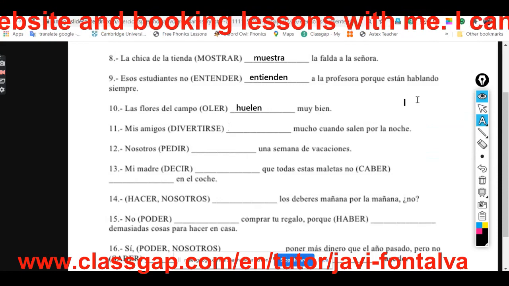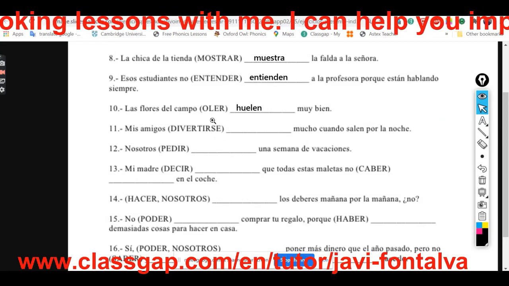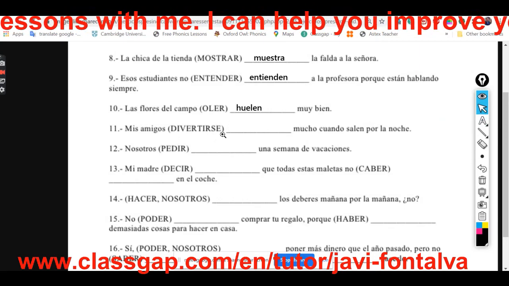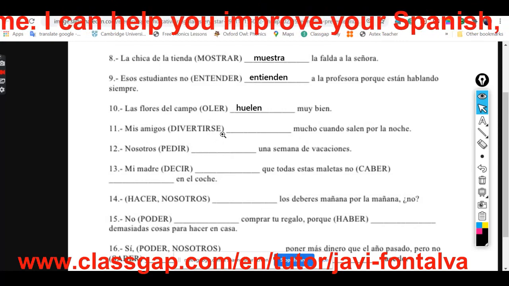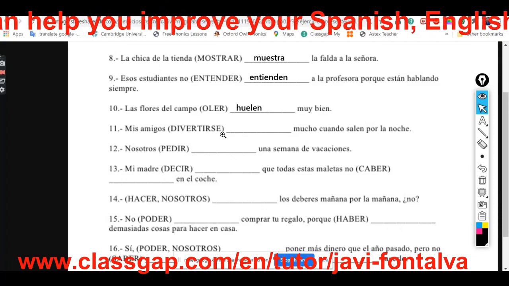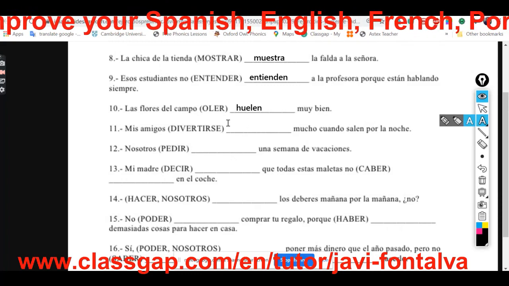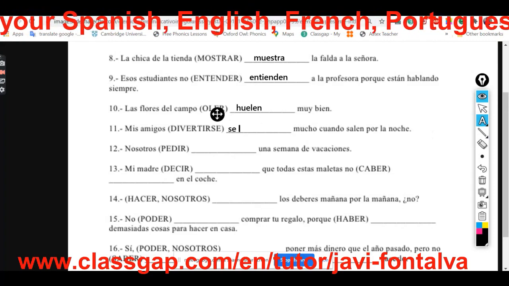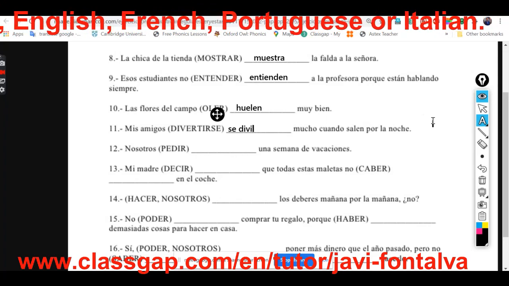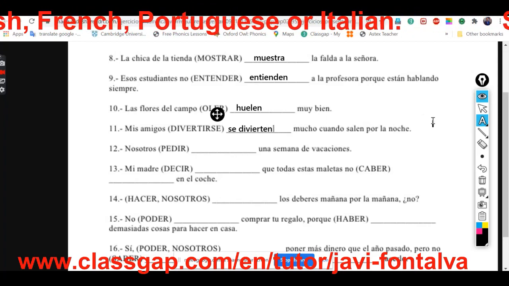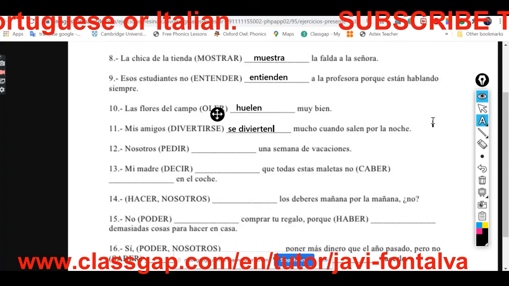Number 11. Okay, this one you have to be careful with as well. I didn't mention this one. Every time you see this se, that means it's a reflexive verb. So basically, you have to add a pronoun before the verb. Se divierten. For a reflexive verb, it's the same thing as before.